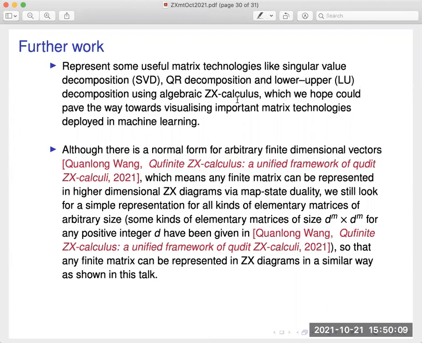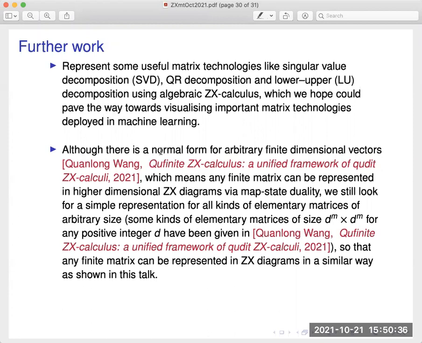By doing this, we hope we could pave the way towards visualizing important matrix technologies deployed in machine learning. And except for this, we also want to generalize the results to the qudit and even qudit-finite case.